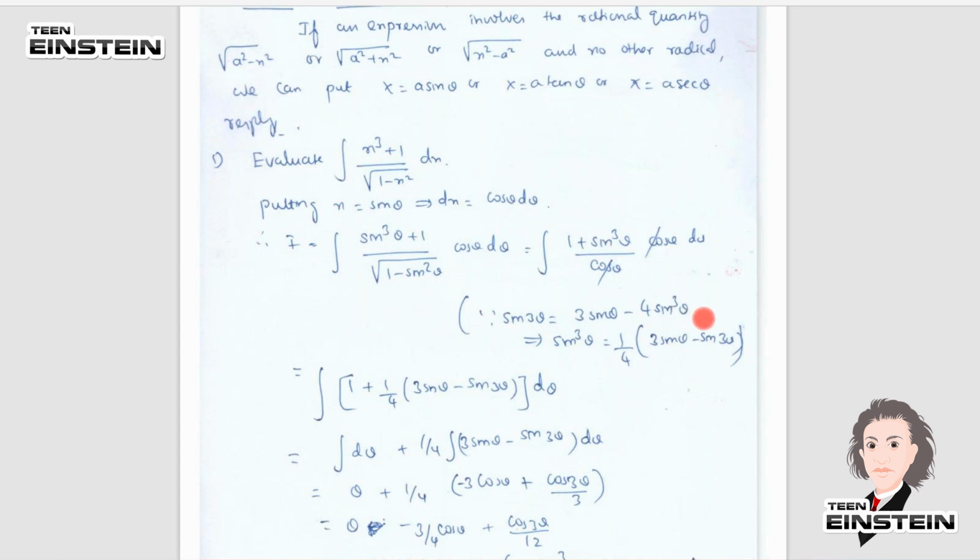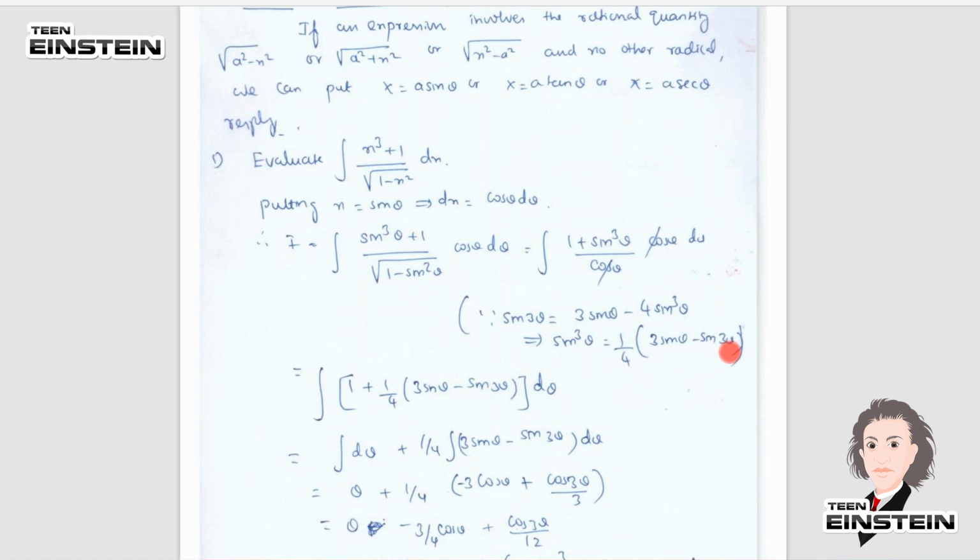I have a sin cube term in the given integrand, so find sin cube theta from this. Sin cube theta is 1 by 4 into 3 sin theta minus sin 3 theta.